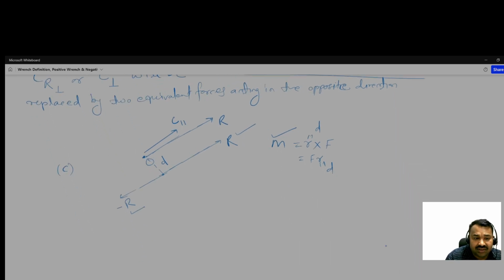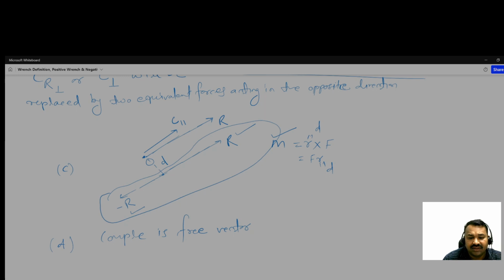Okay, now as we know, a couple is a free vector. Okay, so free vector, what is the meaning of this? And so here, as a couple is a free vector, and why is this part included here?